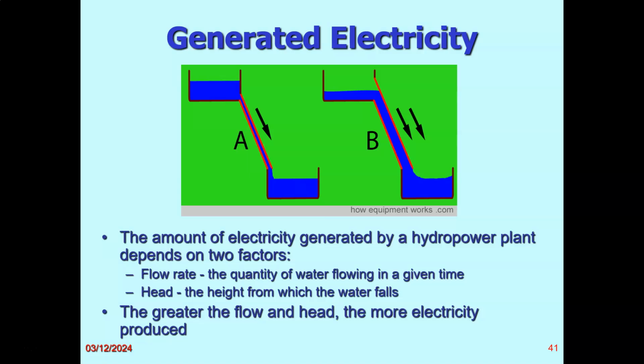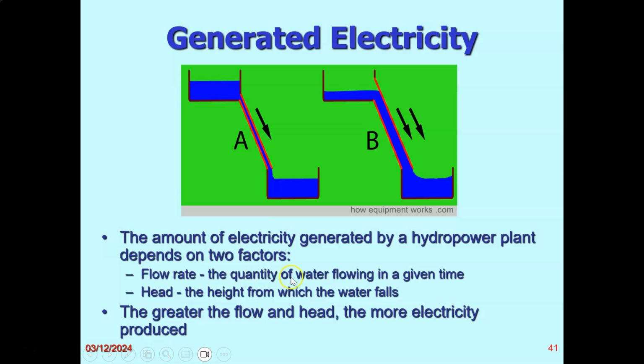If you remember, the wind energy depends on the radius of the blades and on the wind speed. So for the case of hydropower, the amount of energy depends on two factors. The flow rate depends on the radius, the size of your penstock.